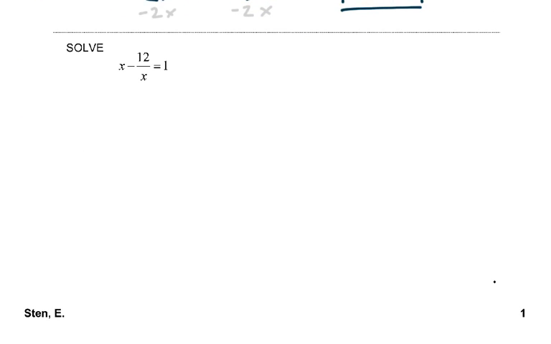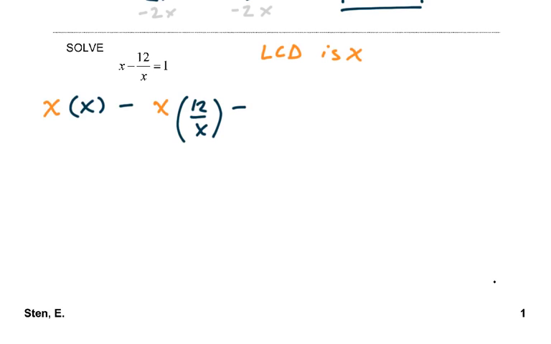So again, here we have a rational problem that we need to solve. The LCD in this case is just x. We only have one thing that we're dealing with in the denominator, and it's just that x. So the LCD is x. And what happens when I multiply each of my terms by x, I've got x times x minus x times 12 over x equals x times 1.